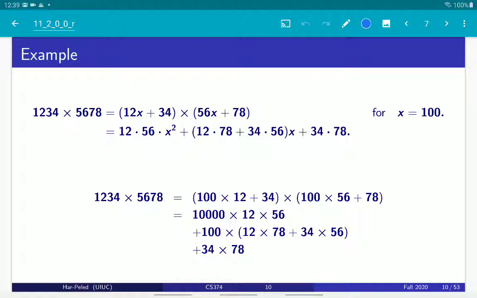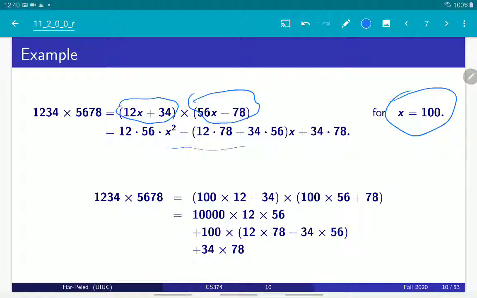Okay, so here's a concrete example of how we do that. We multiply two numbers, so we write them down as this polynomial times this polynomial. Here, x is equal to 100, it's the shift by 2 digits, and you just open up this polynomial, and you get the right answer. And here below is the same thing with the real numbers filled in, which we don't really need to care too much about.